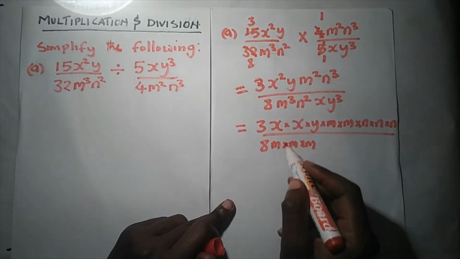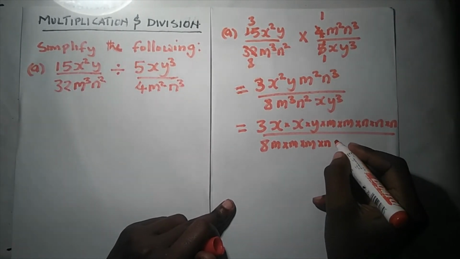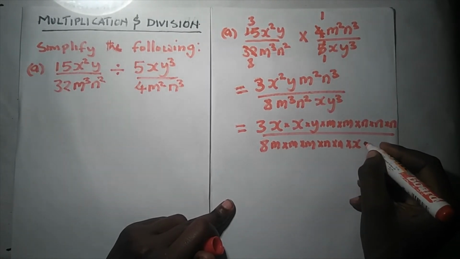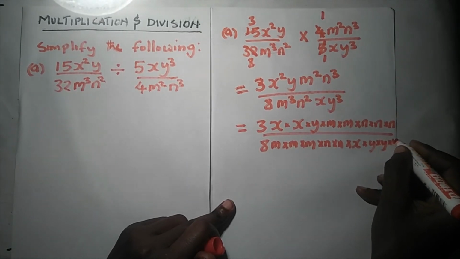So you have m cubed here, so you have 1, 2, 3 m's, times n times n, times x times y times y times y.